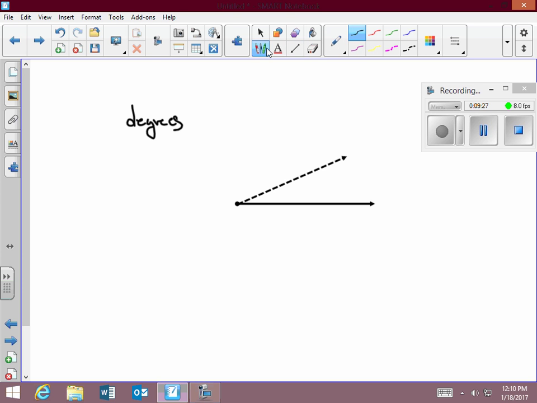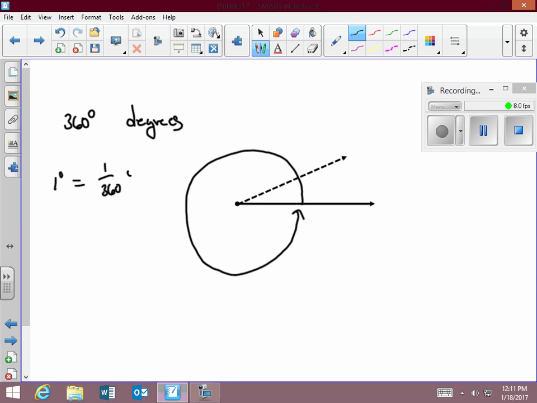And if I rotate this, if that dotted line starts out down here and rotates around this way back on itself, that's 360 degrees. So 1 degree is 1/360th of 1 rotation. That's just by definition.